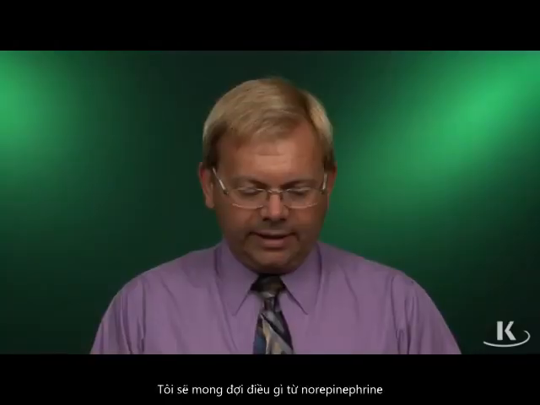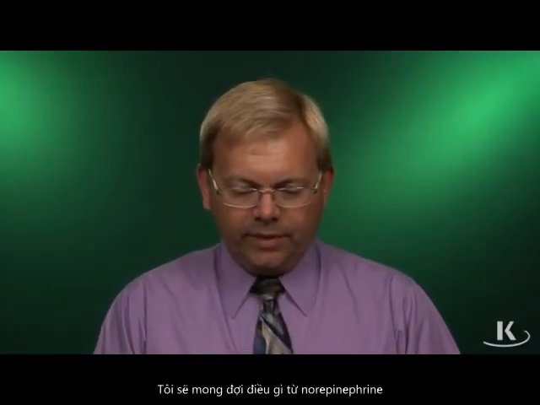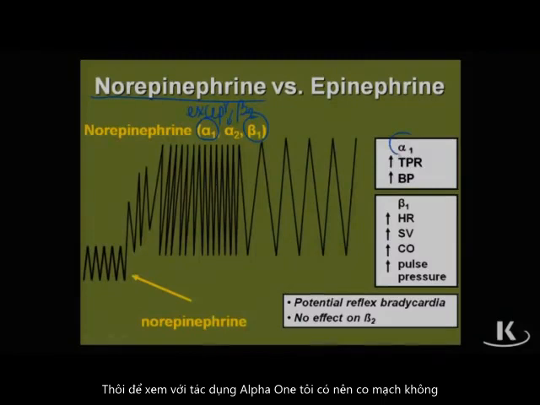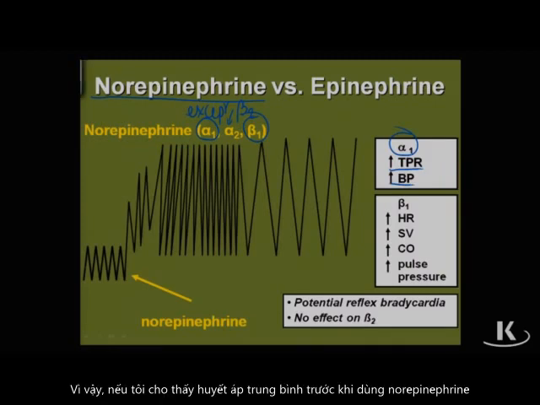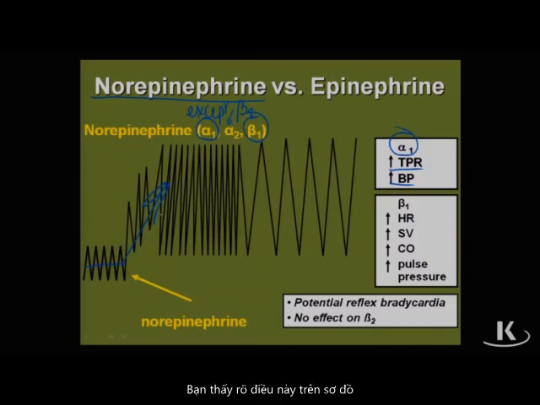What would I expect then from norepinephrine? Well, let's see. With alpha 1 effect, I should vasoconstrict. Vasoconstriction should increase total peripheral resistance, increase blood pressure. So if I show mean blood pressure prior to norepinephrine administration, I'm expecting an increased mean blood pressure because of the alpha 1 agonist effect. You see this well on the diagram.